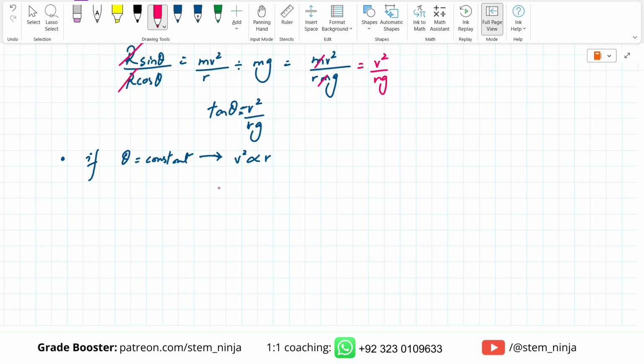This would mean that increasing velocity would require increasing radius of curvature.